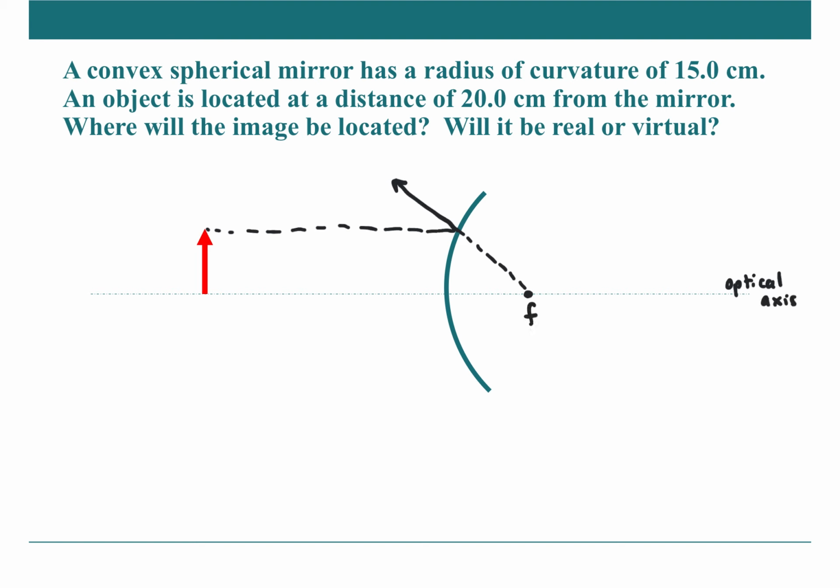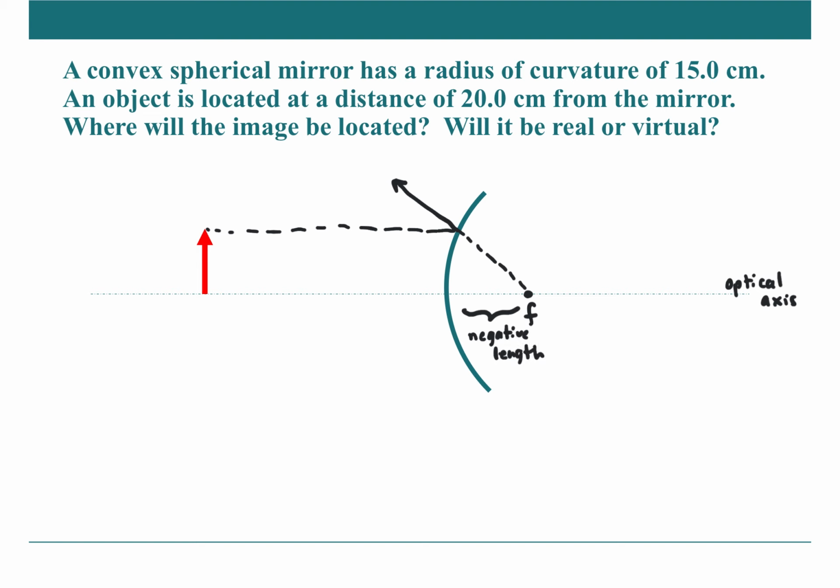And what we'd find is where this imagined back-traced line intersects that optical axis, we find our focal point. The focal point for any convex mirror will always be located on the opposite side of that mirror from the object that we're trying to image, and therefore it will have a negative value for length.